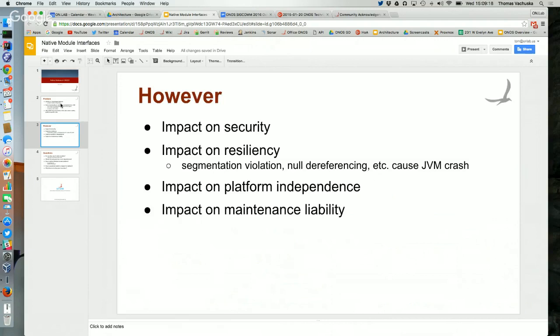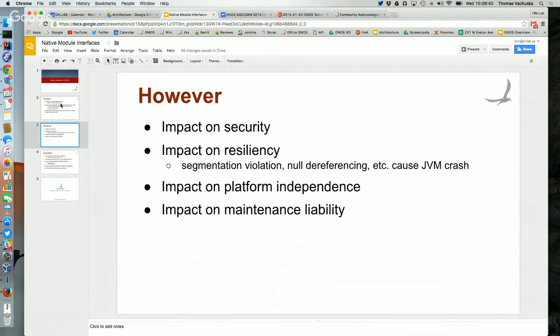They have an impact on resiliency. For example, a single segmentation violation is going to take down the entire JVM. That's a problem, right? They also have a severe impact on platform independence, and an impact on maintenance liability, in the sense that you now have to worry about distributing and maintaining platform-specific libraries.